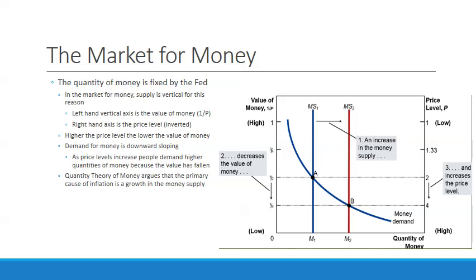When the money supply is increased, it shifts along that demand curve from point A to point B, which reduces the value of money but increases the price level. That's the quantity theory of money. That's the primary argument: the reason we have inflation is because the money supply changes, and when it changes, it shifts and creates new equilibrium points along that demand curve.